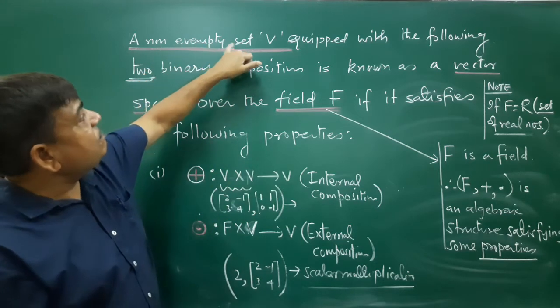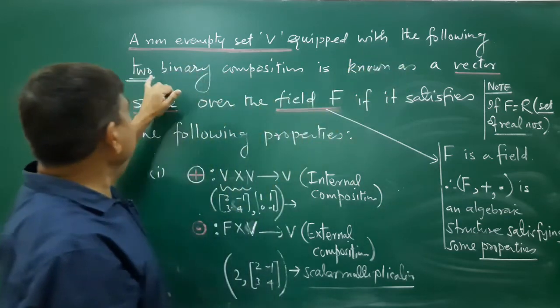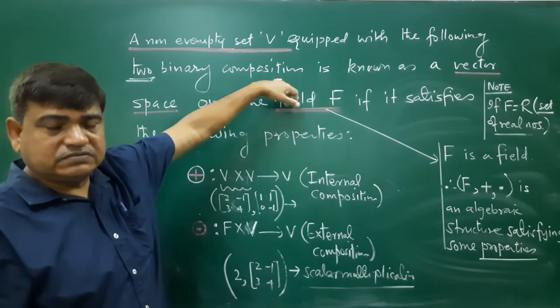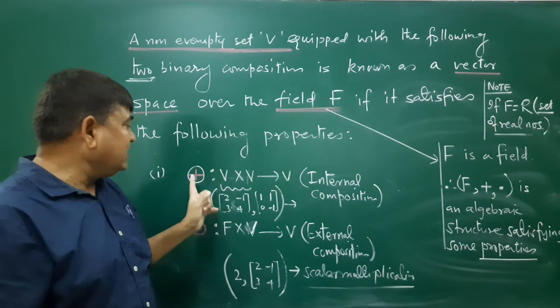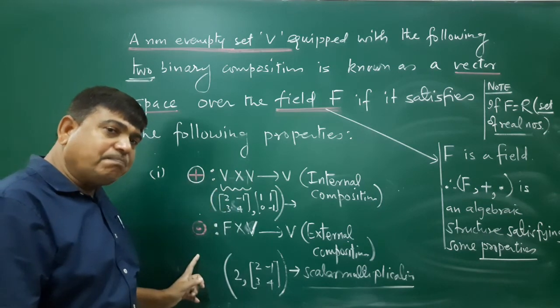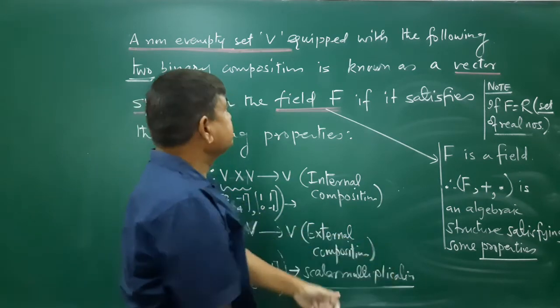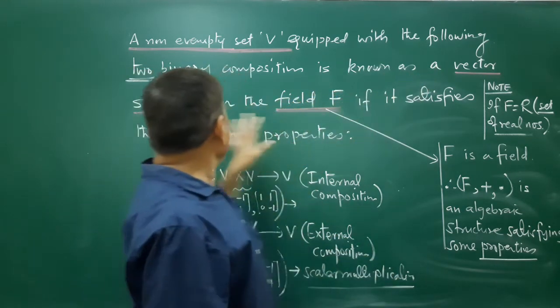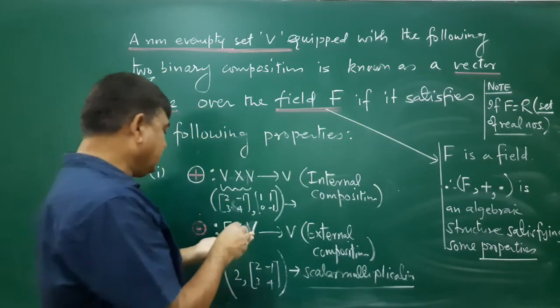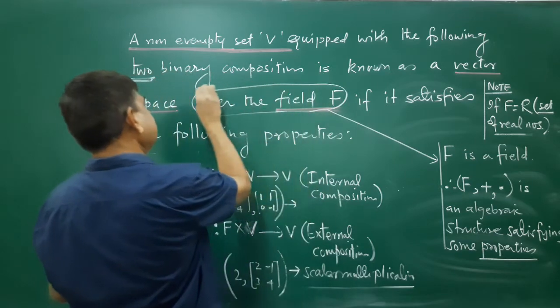A non-empty set V equipped with the following two binary compositions, one is addition, the other is scalar multiplication, is known as a vector space over the field F.